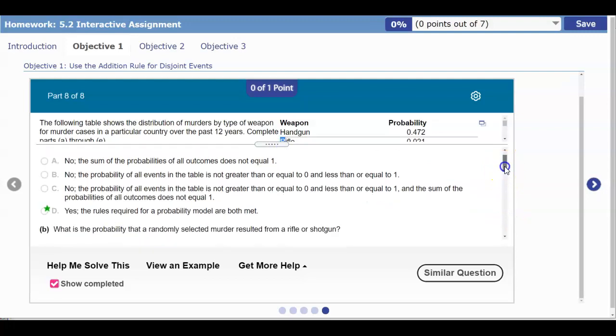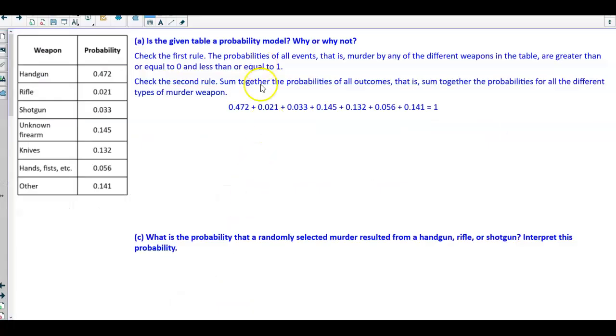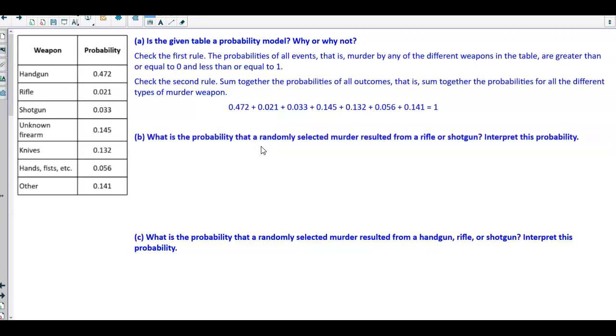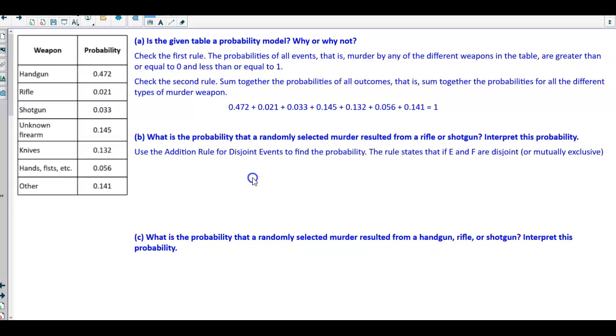Okay, let's take a look at the next question. It says, what is the probability that a randomly selected murder resulted from a rifle or shotgun? What we want to do is use the addition rule for disjoint events to find the probability.